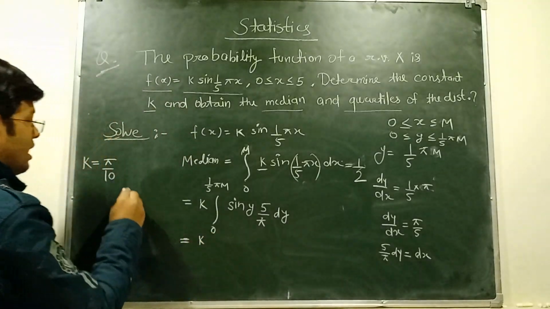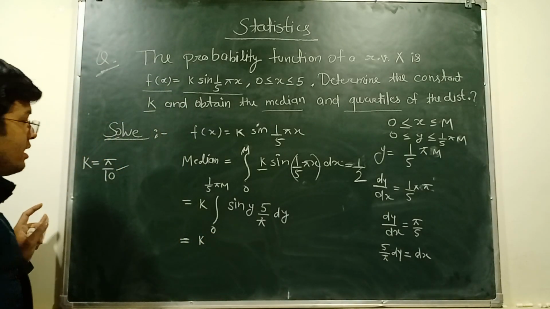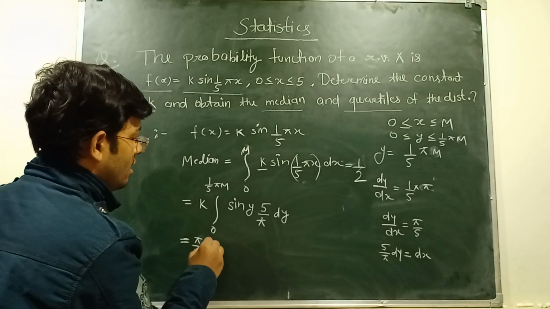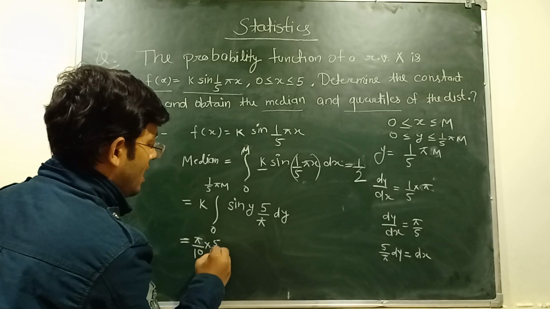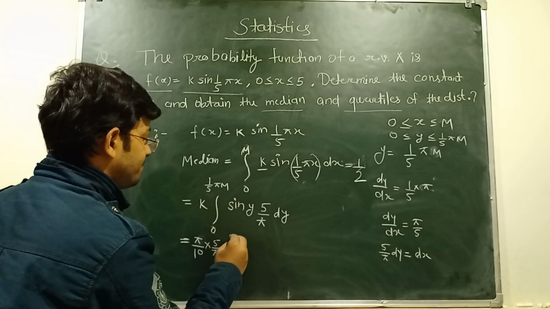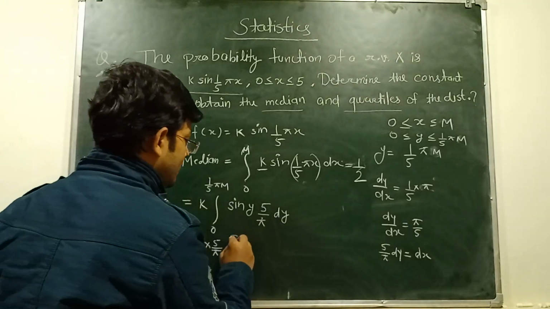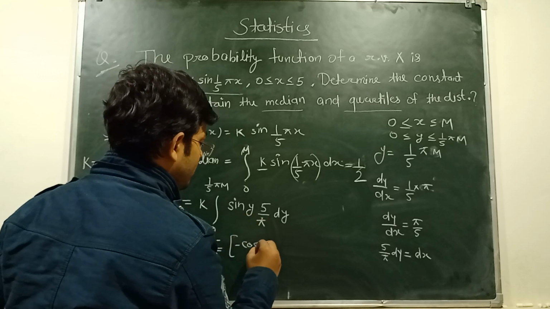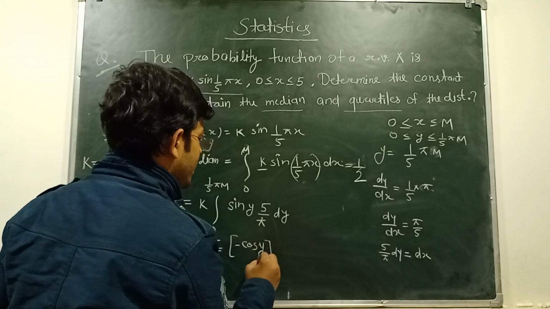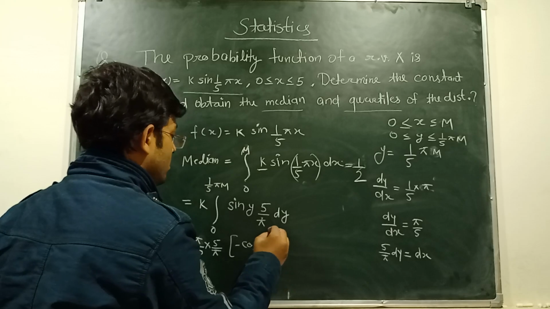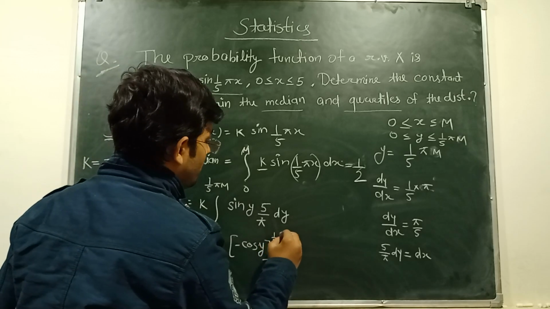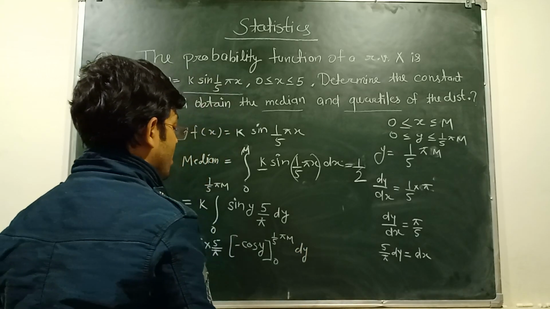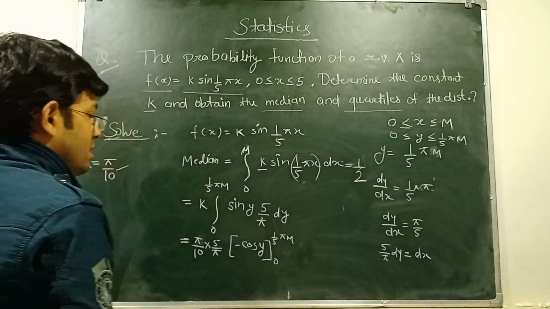We put in the value of k, so we can write here pi upon 10, and we also have 5 upon pi, and so we can integrate sine y. So cos y is the answer of the integral of sine y, from 0 to 1/5 pi m, dy.